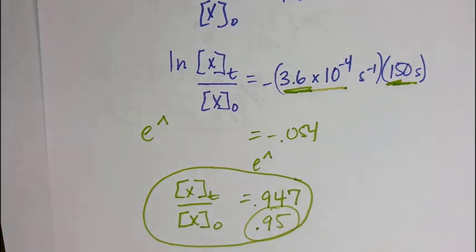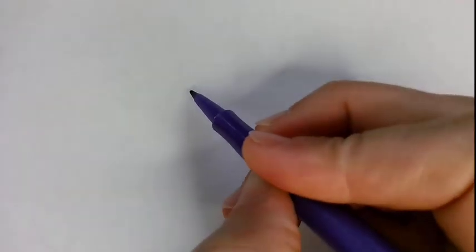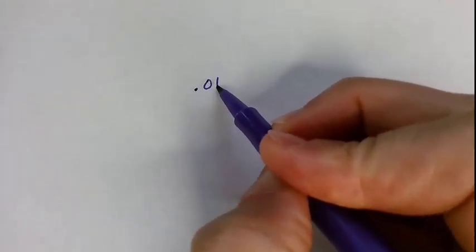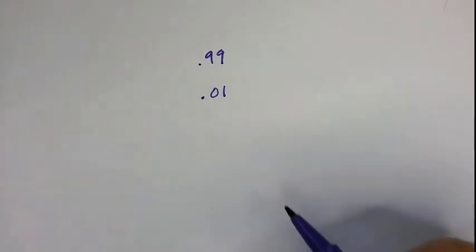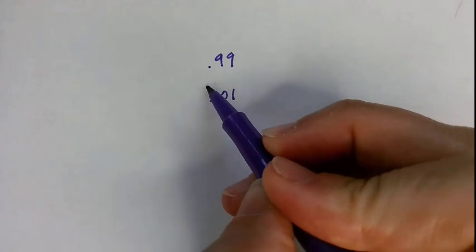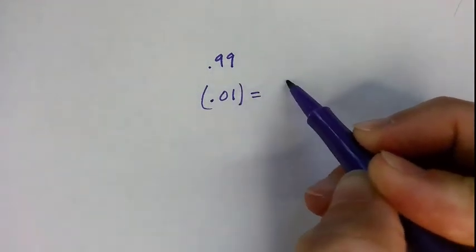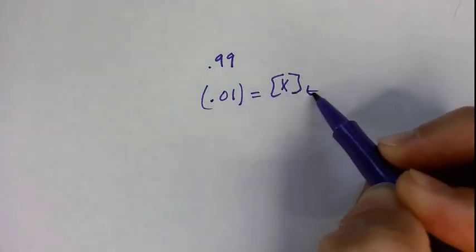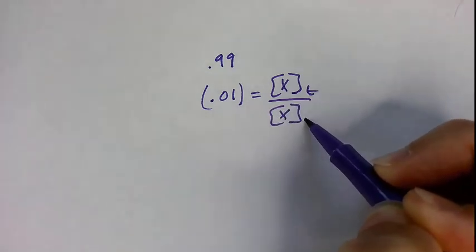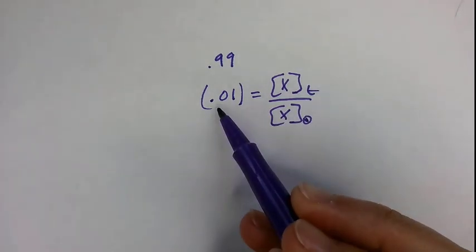For the second part, it wants to know how long a sample must be heated so that 99% of the sample has decomposed. Now, if 99% of the reaction is complete, that means that the remaining fraction that's left is 0.01, right? Because 99% is 0.99, and so we want the fraction of our remaining to be 0.01.